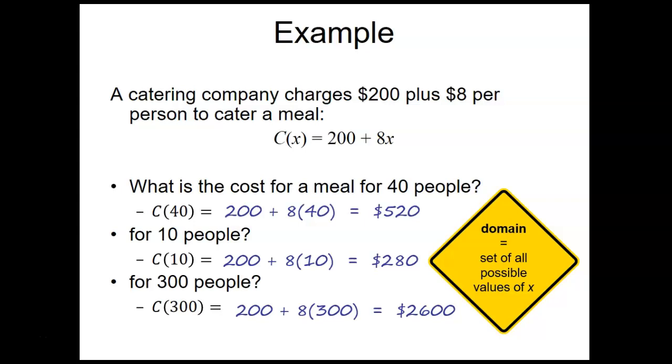So if you said, okay, I want you to cater a meal for 65,000 people, or 65 million people, and they say, wait a minute, we can't do that. Maybe there's some upper limit. Maybe there's some lower limit. Maybe they won't cater a meal for just 1 or 2 people. So whatever the limitations on x are, that might specify what the domain is. So if the number of people has to be a whole number from 1 up to, say, 600, then the domain would be the set of all whole numbers from 1 to 600.